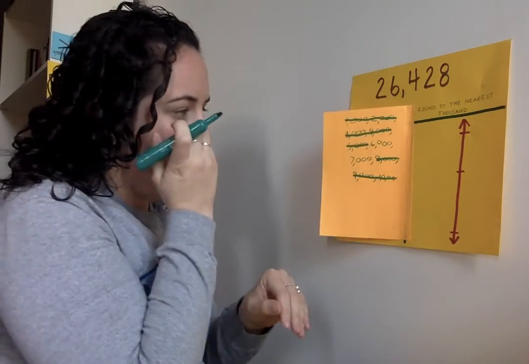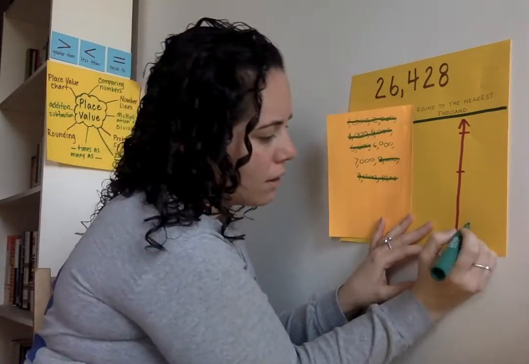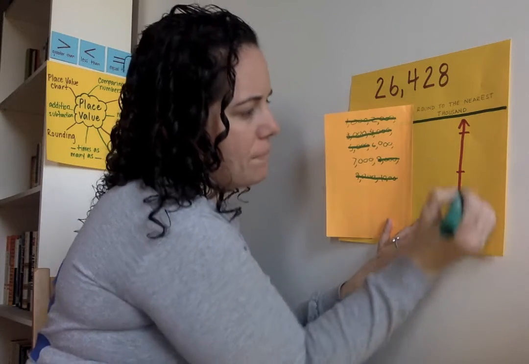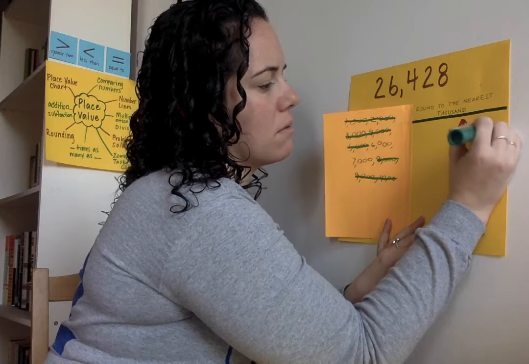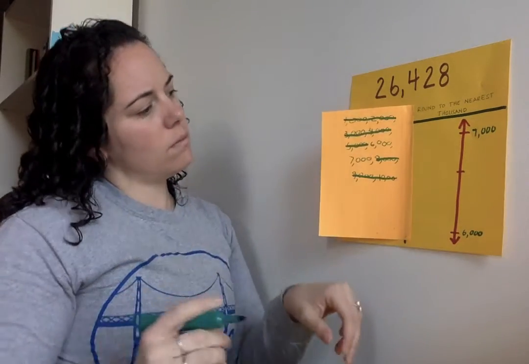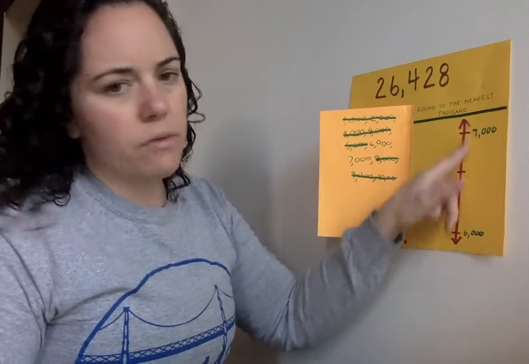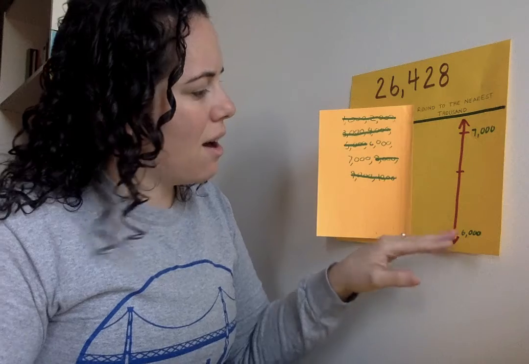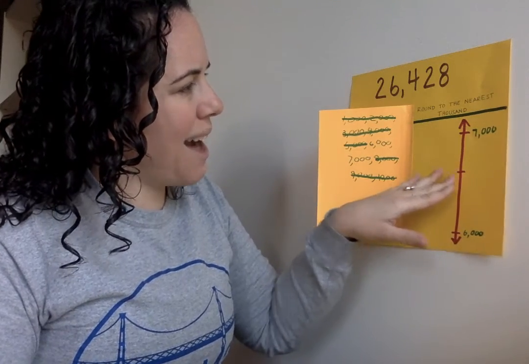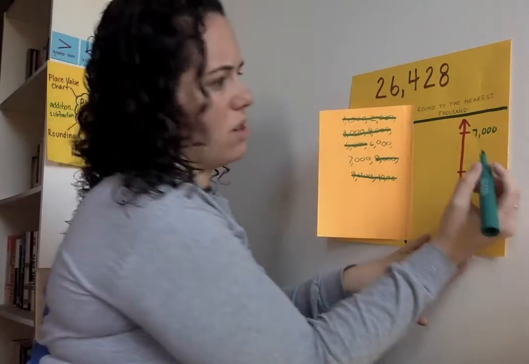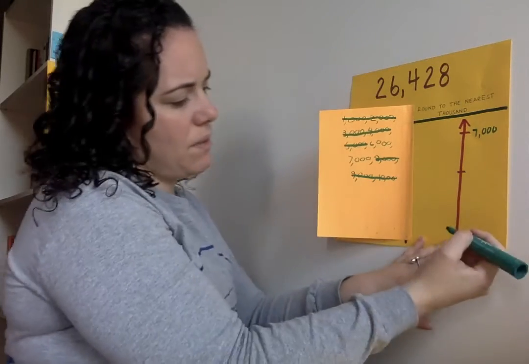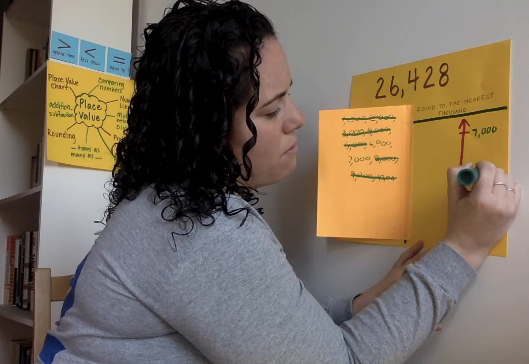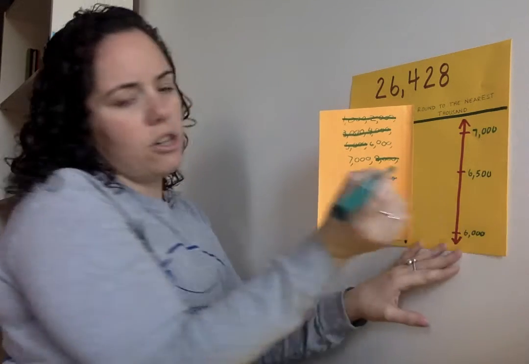So I'm thinking that here would be 6,000, and here is 7,000. So if this number line represents 1,000, well, what's half of 1,000? 500. So I'm thinking that my midpoint would be 6,500. Okay.